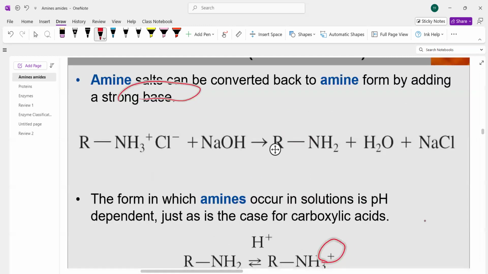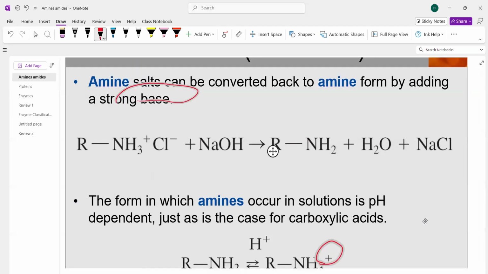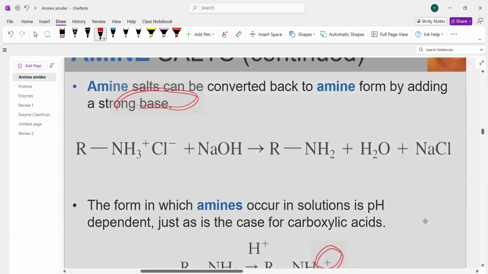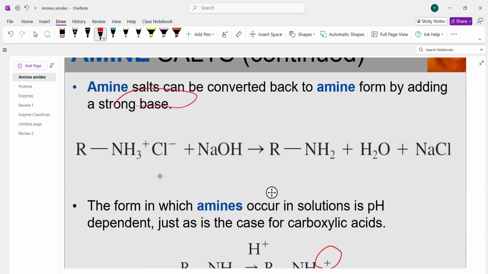Okay, so if we have an ammonia salt, so we have an ammonium chloride salt in a basic environment.